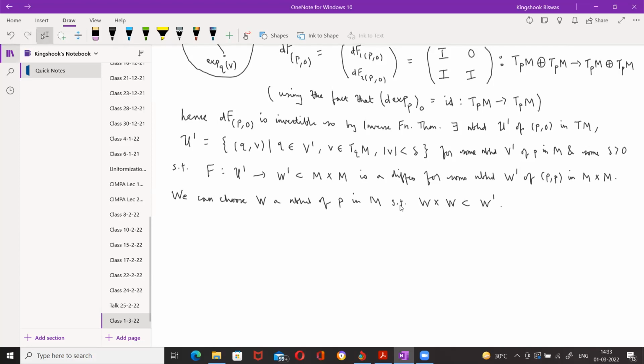Now let Q and Q prime be two points in W. Then (Q, Q prime) is a point in W cross W, so this I can write as F of (Z, W), for some (Z, W) in this U prime. So what is F of (Z, W)?